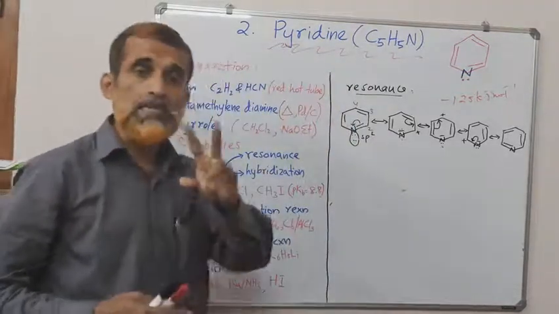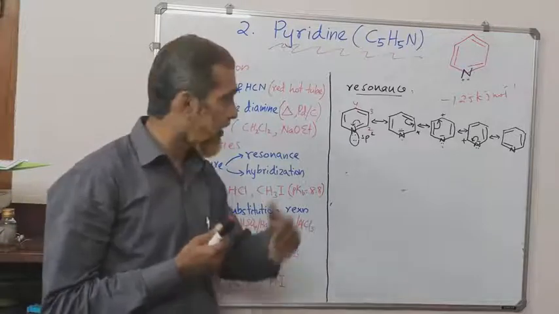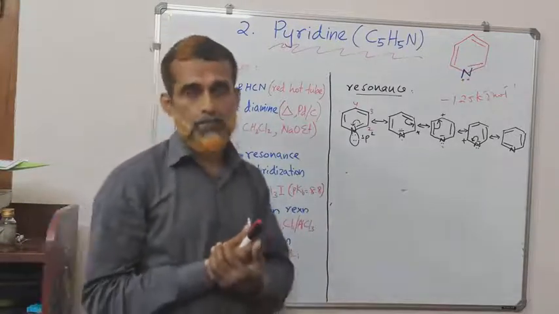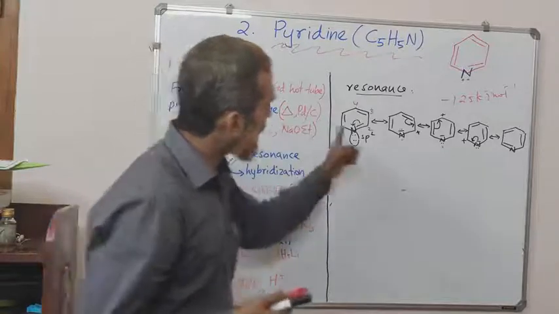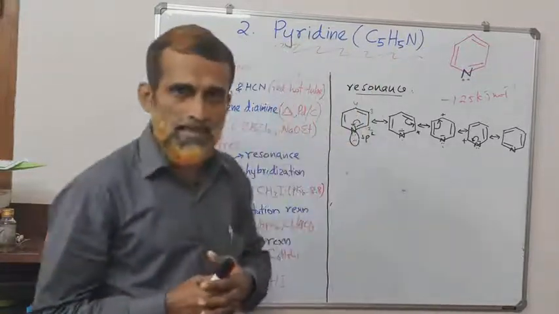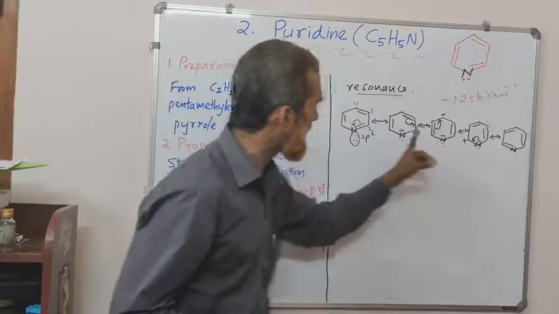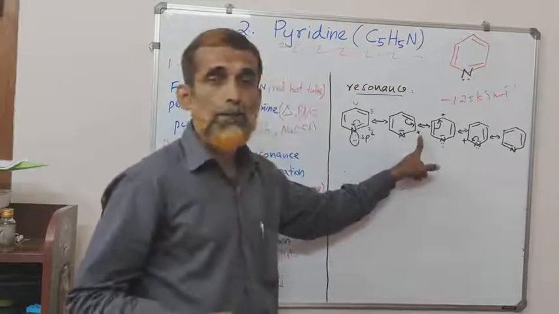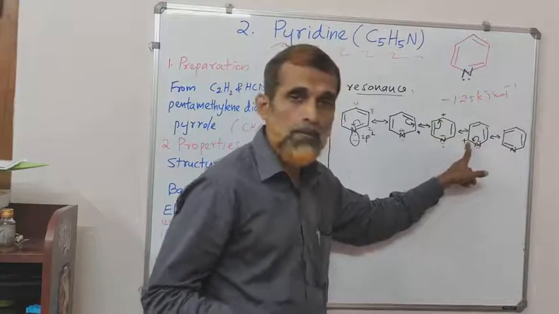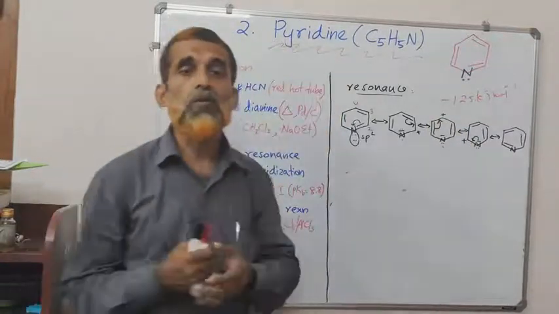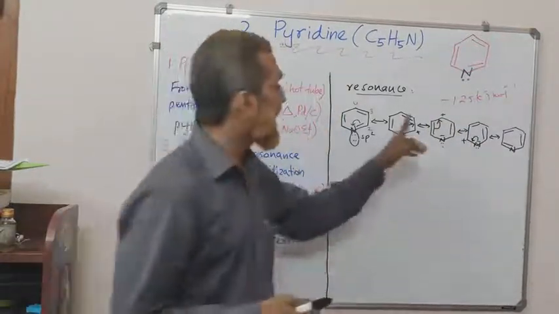Again comes the two questions. What about the reactivity? What about the orientation? Again, looking at the resonance structures, we can predict. See, in these resonance structures, you can see that positive charge appears on position 2 as well as position 4. Correct? That means what? Positions 2 and 4 are particularly electron deficient.